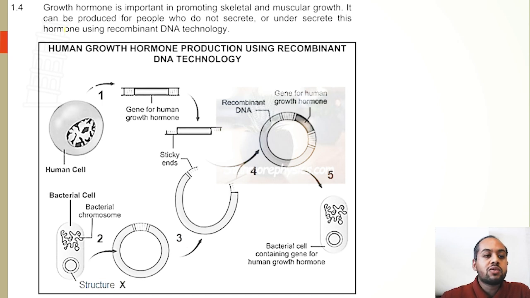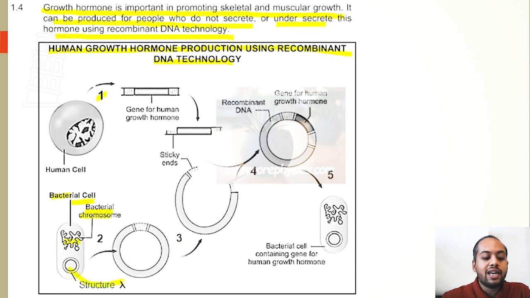The next question is question 1.4 that says growth hormone is important in promoting skeletal and muscular growth. It can be produced for people who do not secrete or undersecrete this hormone using recombinant DNA technology. So you have the human growth hormone production using recombinant DNA technology. You have step 1, human cell. Then you have the bacterial cell with bacterial chromosome.